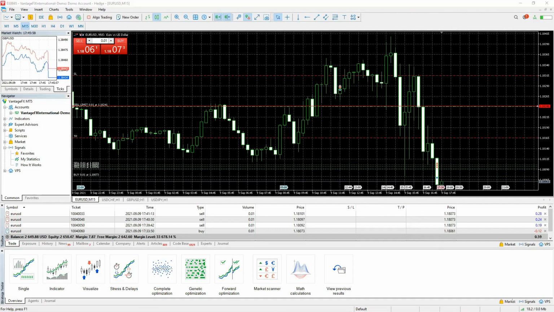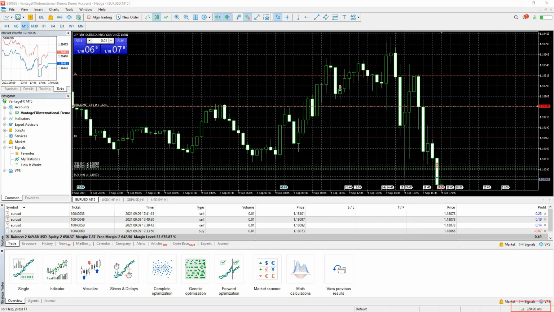So coming down here, if you can see where I have my cursor down here, this is where you ensure that your terminal is connected. When it's not connected, you would see it shows disconnected. If a certain server is not working properly, you could change your servers there.